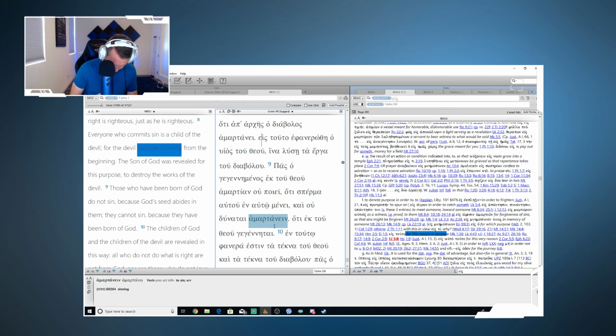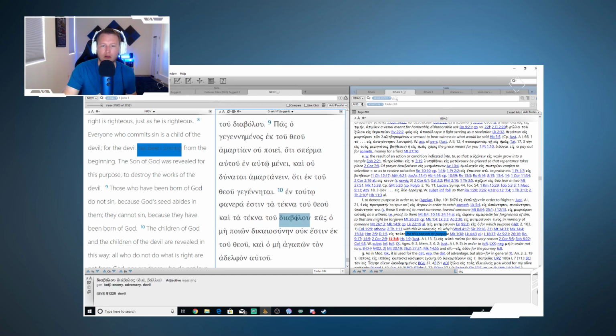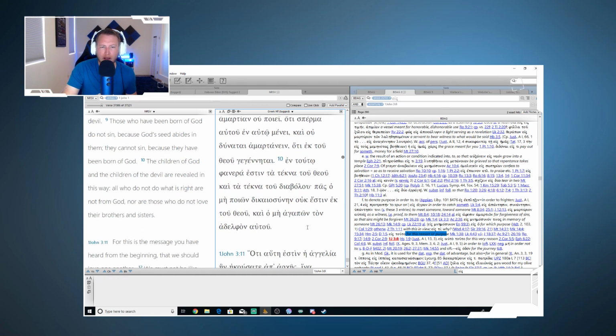Verse 10. En touto phanera estin ta tekna tou theou, kai ta tekna tou diabolou.